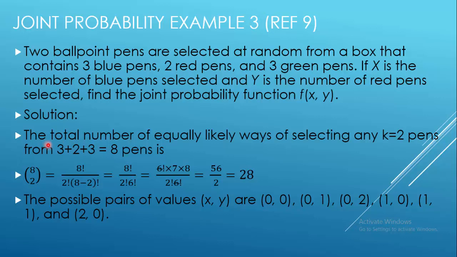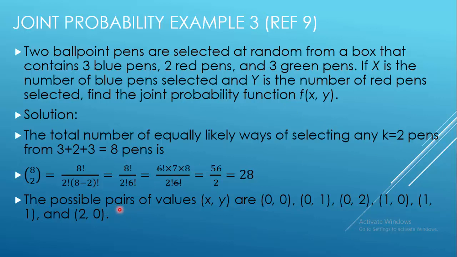Again we will do the same thing. We will first find the total number of pens, which is 3 plus 2 plus 3 is equal to 8, and here k is equal to 2 because we are going to pick 2 ballpoint pens at random.